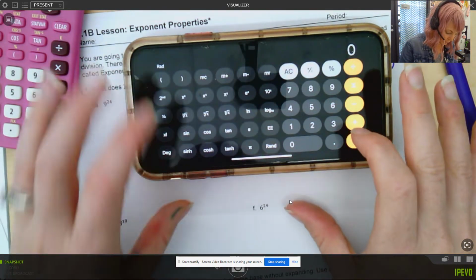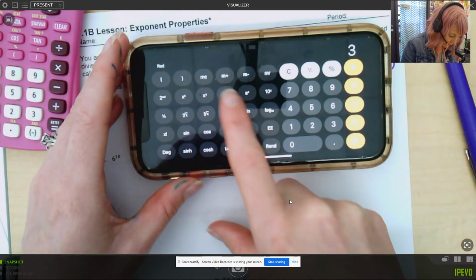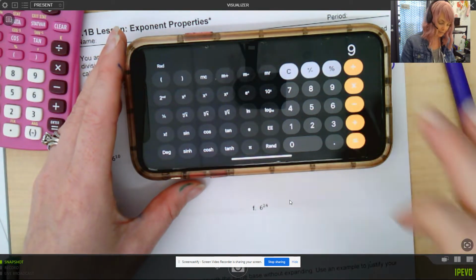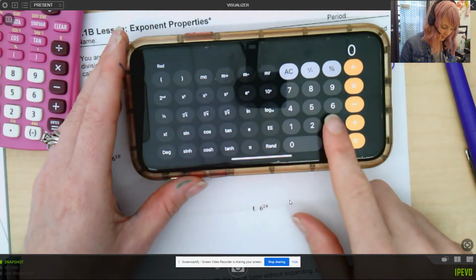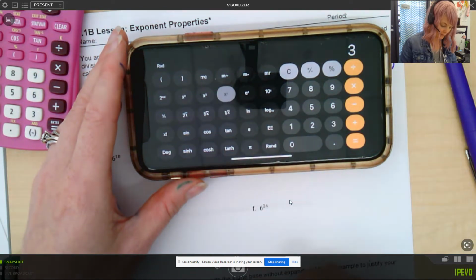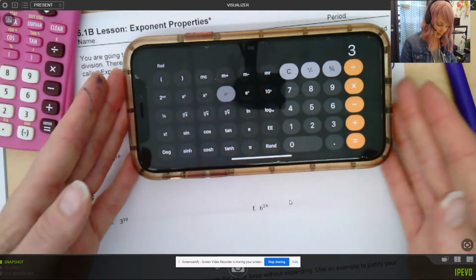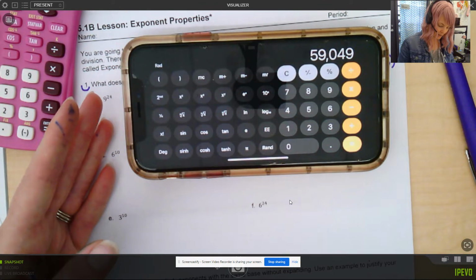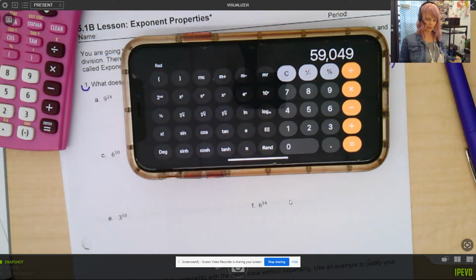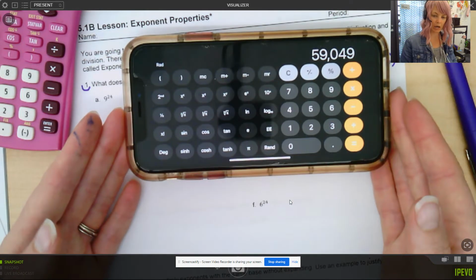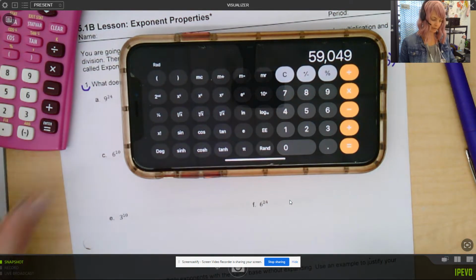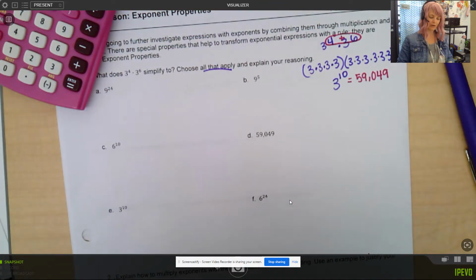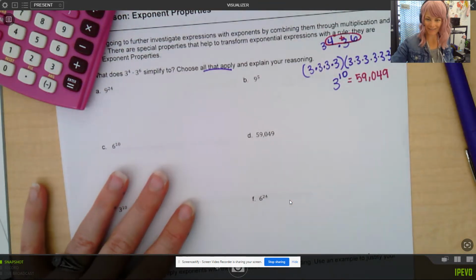So you can do 3, press that button and then square and then enter, and it's 9. Then we can try this one. 3, and then press the x to the y button, saying 3 is our base, and we're doing it to the 10th power. So we press 10 and equals, and we get the same number. A scientific calculator on your phone is a great resource, and using a scientific calculator that you have not on your phone is an excellent resource.